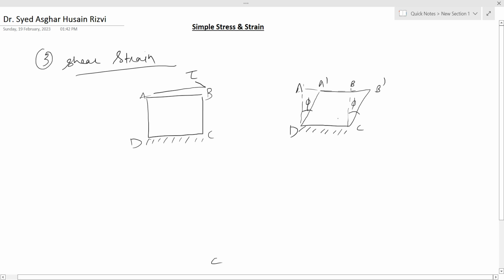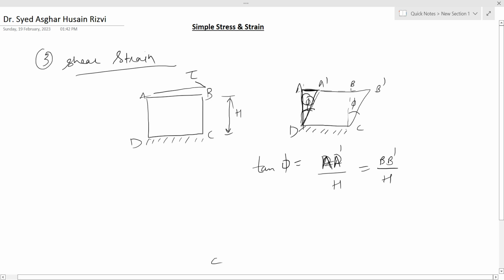Let this angle be phi, and let the height of this element be h. So we can say that tan phi is equal to a dash upon h. Here in this triangle we can say that tan phi equals perpendicular upon base, a dash upon h, or it can be b dash upon h.